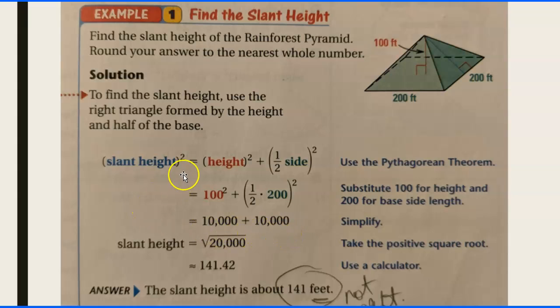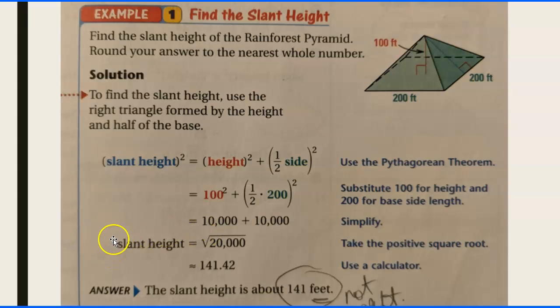Now remember, up here we have slant height is squared. So remember back in the day when we dealt with squares and exponents, to get rid of that squared, you have to put it in a little square root sign.